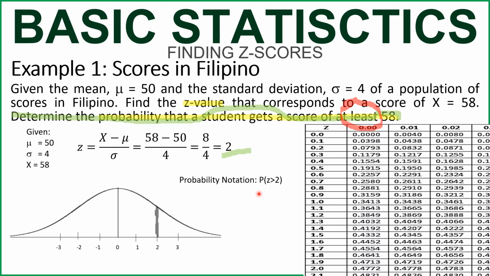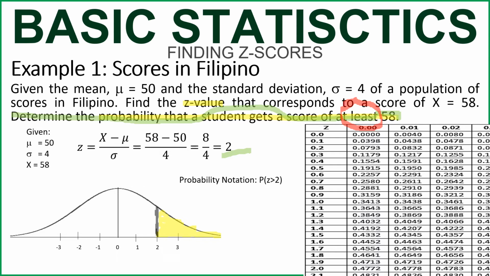If it is more than, therefore, yung shaded area sa normal curve natin is more than 2. So, nasan yung more than 2 dito? Yung after ng 2, pagkatapos ng 2. Because 3 is more than 2. So, isi-shade natin siya. Ayan. So, ito yung kukuhanan natin ng area. At yung yellow part.